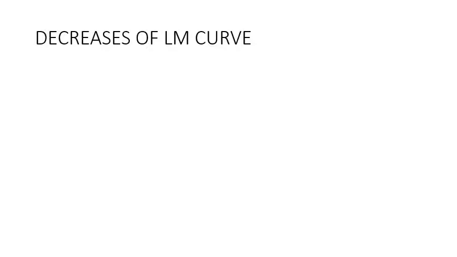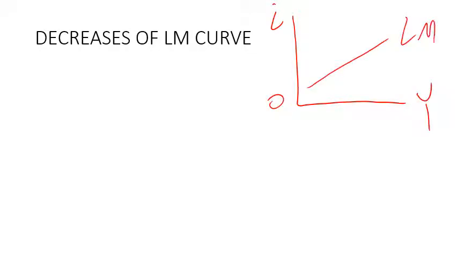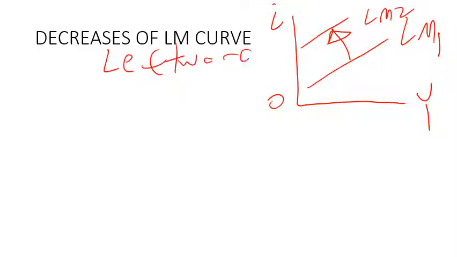Decrease of the LM curve. Again, interest rate, national income, LM1 to LM2. That would be a leftward shift.